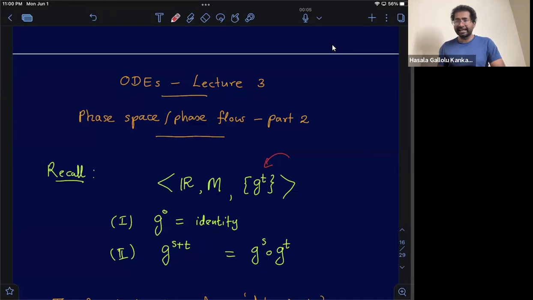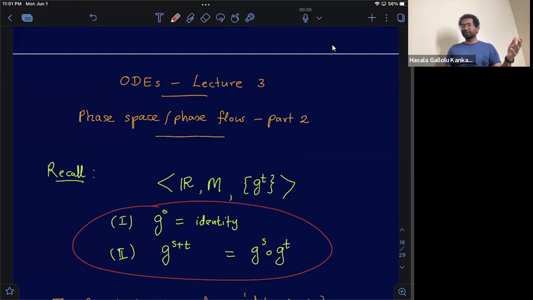However, since we have only one single parameter changing everything, we call this a one parameter group of transformations. It is also a group when we demand, again, these two conditions. The second condition is going to give you exactly this entire story, making this one parameter set of transformations a group when we assume these two properties.